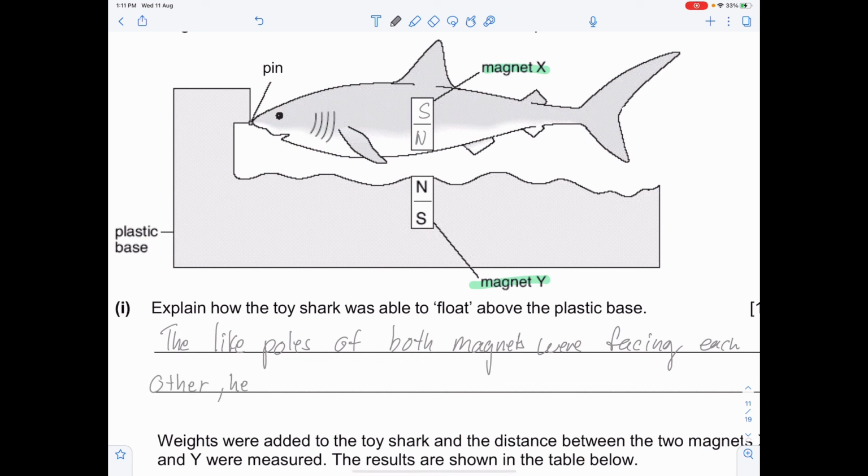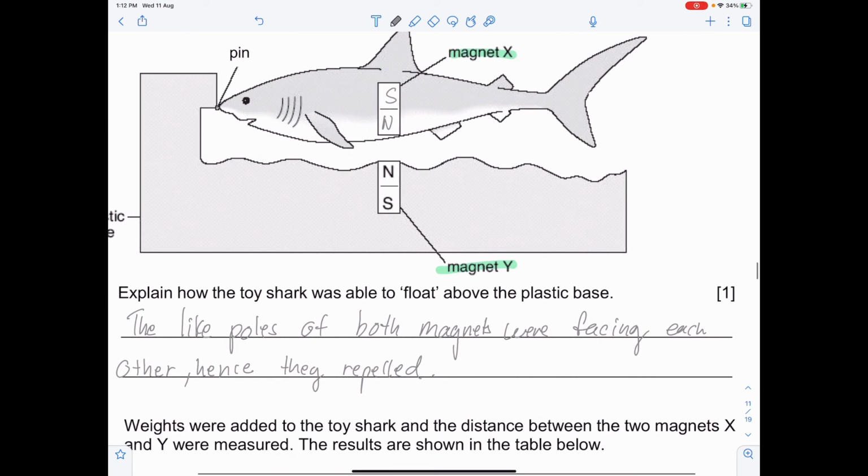Hence, they repelled. So what are the key marking points I'm looking for? First, I must see like poles facing each other. Second is the word repel, so I know that the forces are acting against each other.